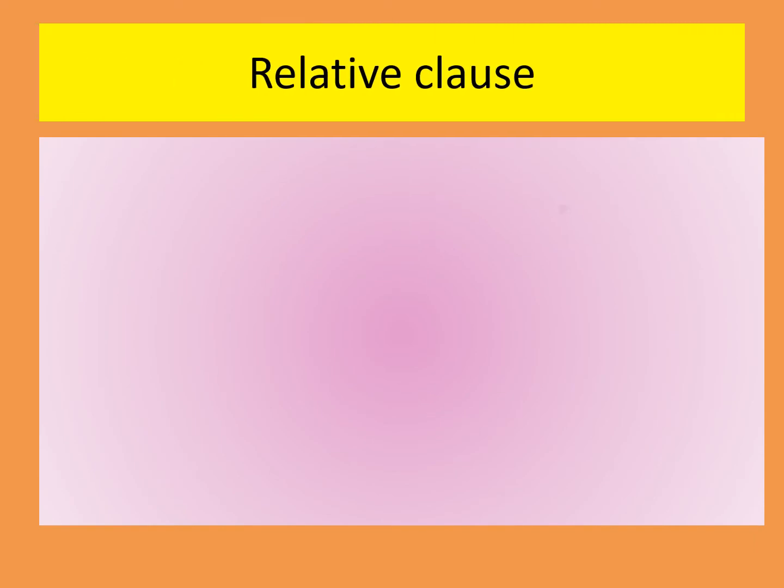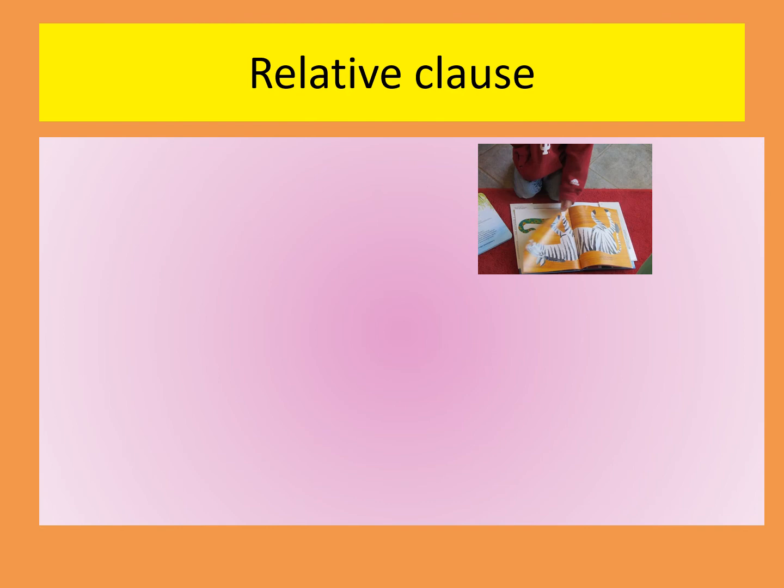Now we will see a relative clause. Look at the picture carefully. We have two sentences to talk about the picture. The first one, he turned the pages. This can be called a clause because this sentence has a subject and verb. So, what is the subject in the sentence? He is the subject. Turned is the verb.